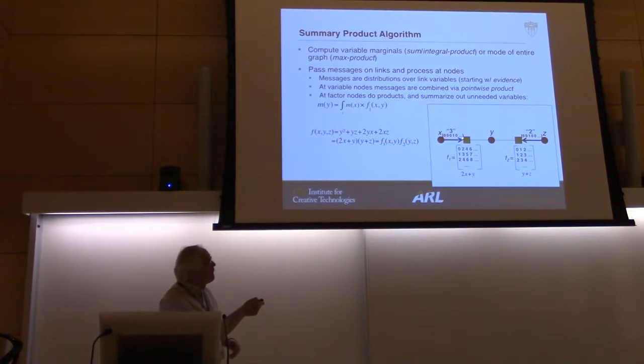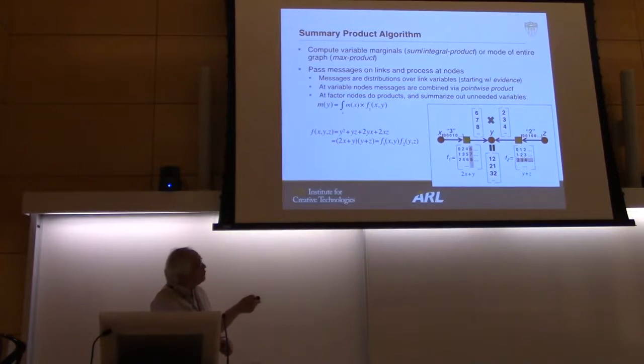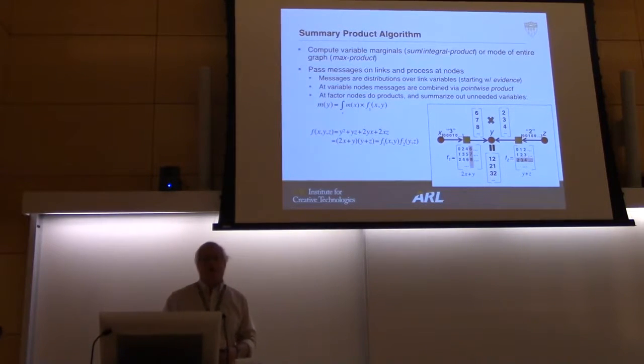So the message from x to y, or from this node to y, doesn't need x, so we'll summarize out x. So as we look at that message from x, which is just this one bit here, multiply, summarize out x, get a message on y. Over here, do the same thing, get a message on y, and then you multiply those together to get the marginal on y. That's fundamentally what's going on here in these kinds of systems.